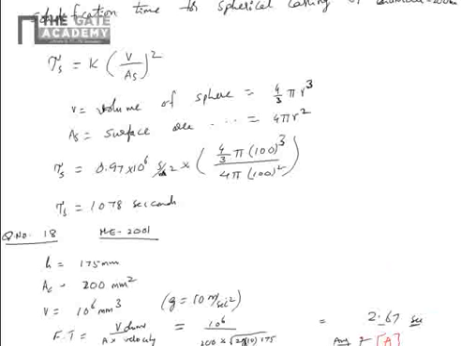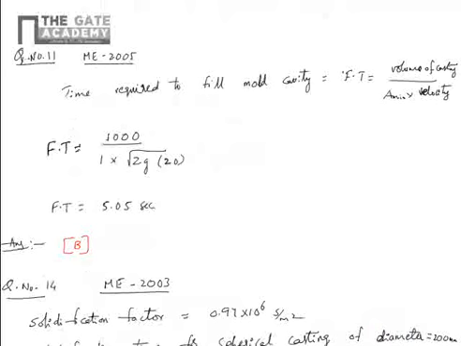Next concept is riser design. A riser acts as a reservoir to supply molten metal to compensate for the liquid shrinkage taking place. So that's why riser design is one of the most important, crucial steps in casting.